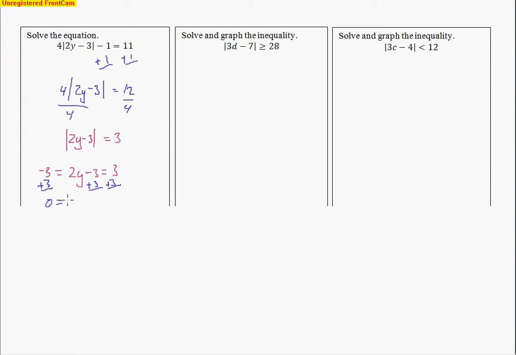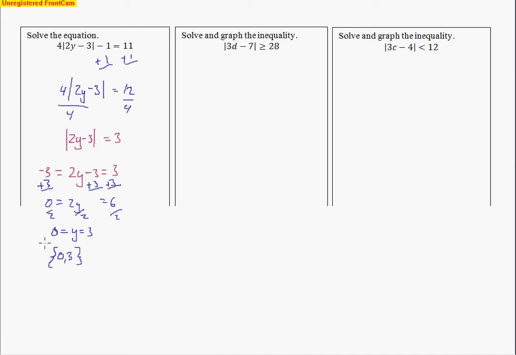I'm getting 0 equals 2y, which also equals 6. So when I divide by 2, I get my 2 endpoints. So 0 is one of them, and the other value is 3. So when I go ahead and set that up, I get 0 and 3 as those 2 solutions.